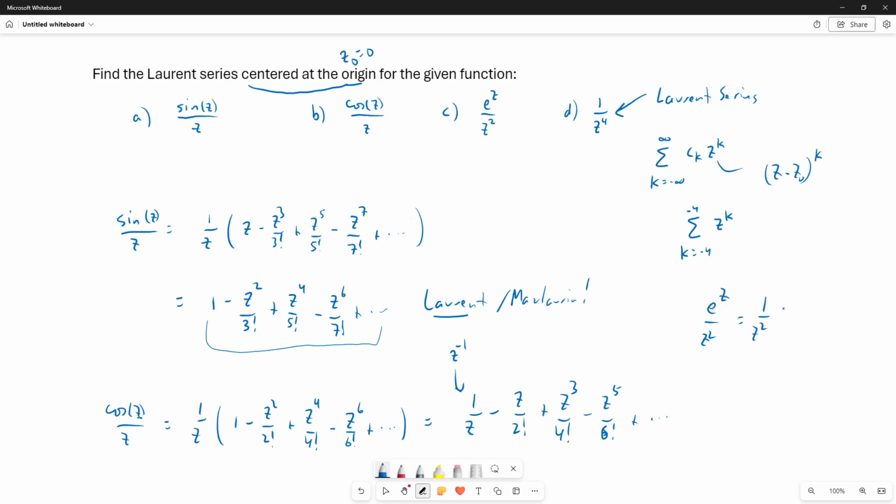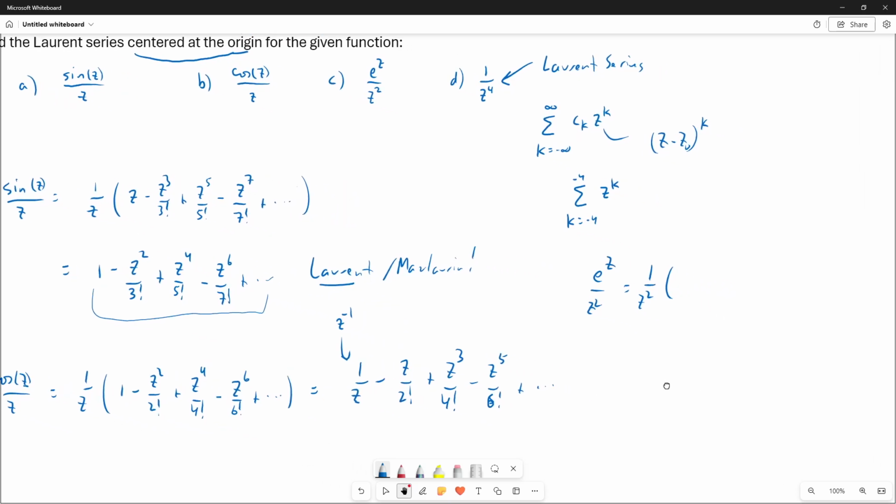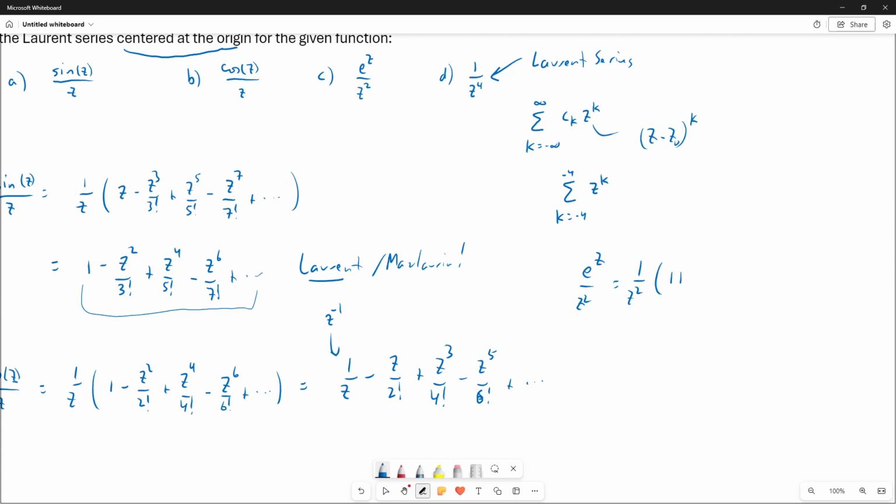That's 1 over z squared times the Maclaurin series for e to the z, which is 1 plus z plus z squared over 2 factorial plus z cubed over 3 factorial, etc. So if we multiply by 1 over z squared, we get 1 over z squared plus 1 over z plus 1 over 2 factorial plus z over 3 factorial plus z squared over 4 factorial, etc. So we have two terms that involve negative powers of z.